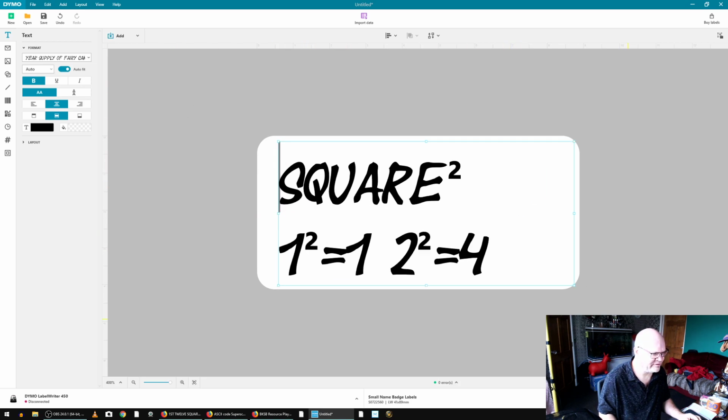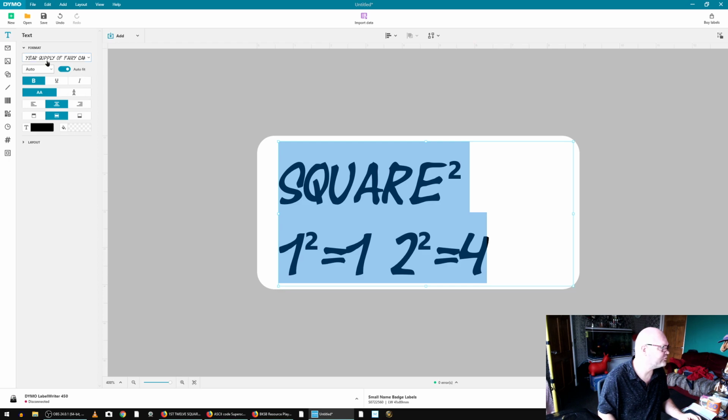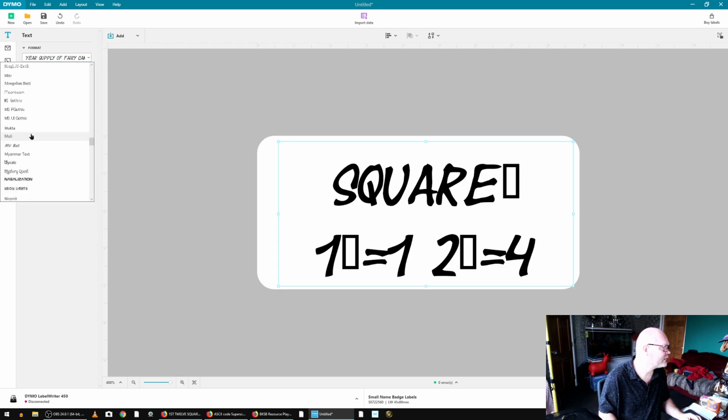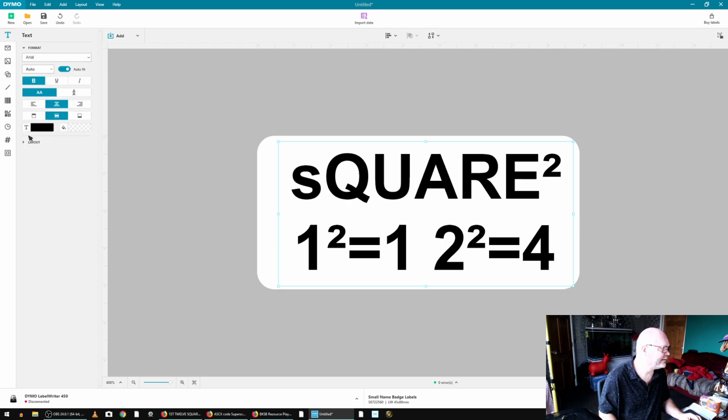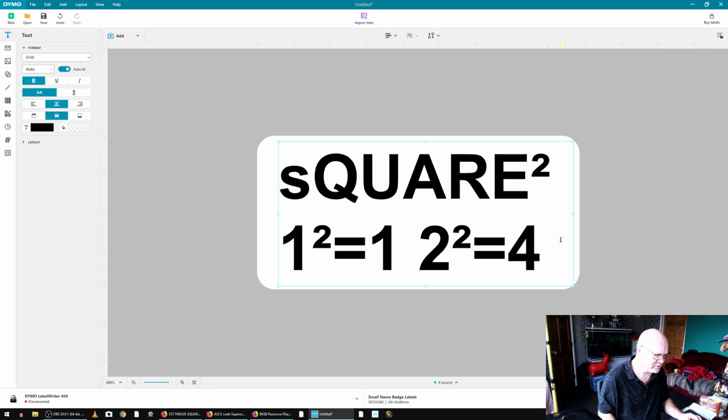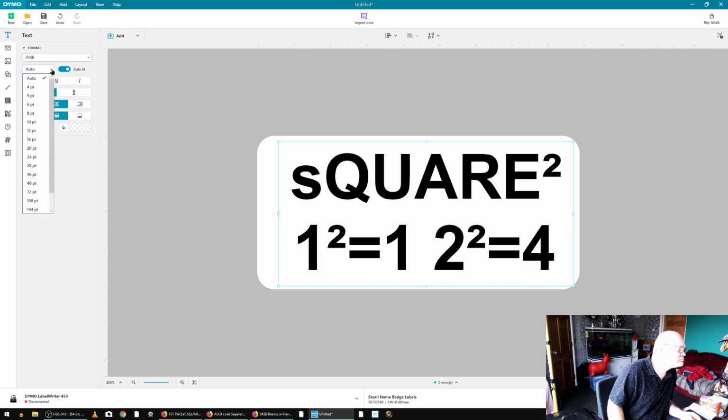That font's pretty rubbish, isn't it? Let's change that font to something simpler. Arial. Yeah, looks good. And we'll rotate the sticker. Can we rotate the sticker? Must be a rotation button.